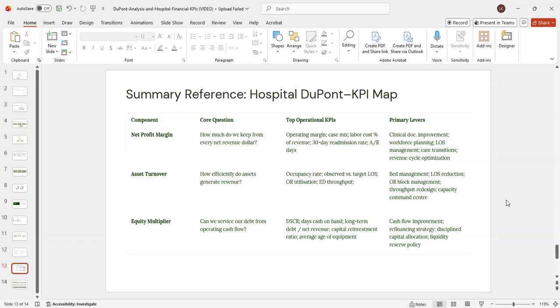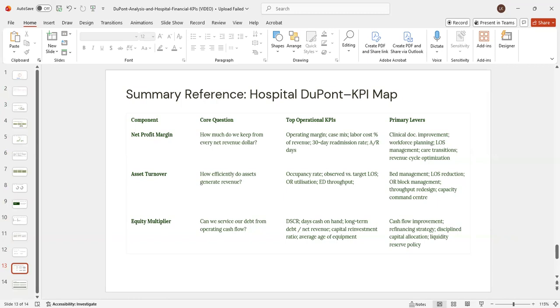We are coming close to the end of this discussion, but on this slide, I've put together a one-page reference connecting the DuPont equation to various financial metrics. Hopefully it's not complete, but it covers the kinds of metrics that we have talked about in the earlier parts of this discussion.